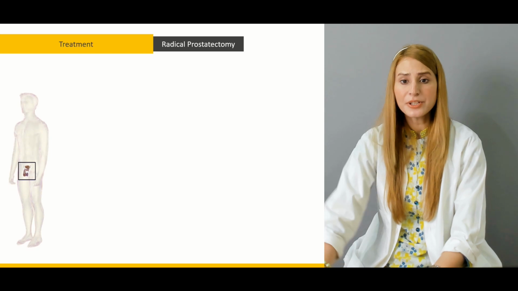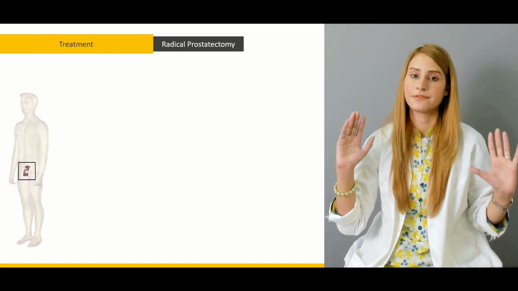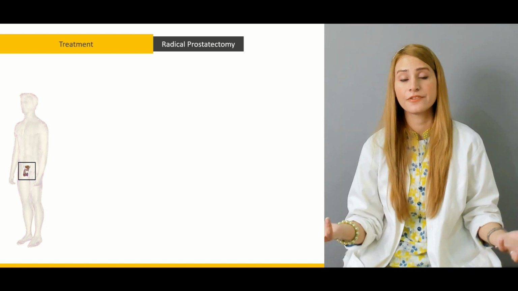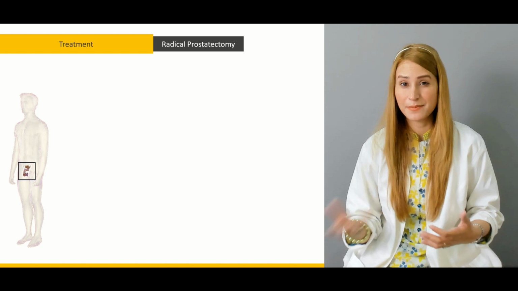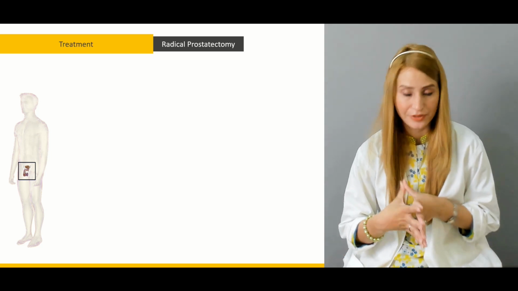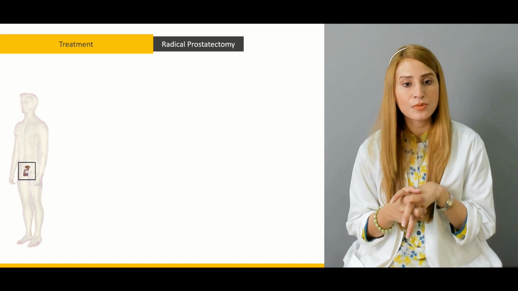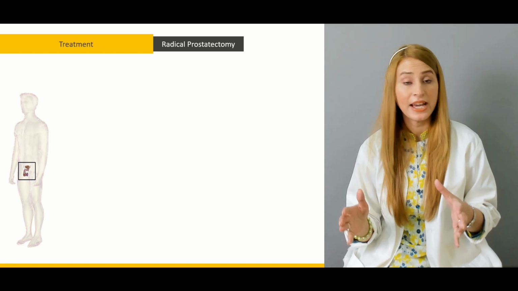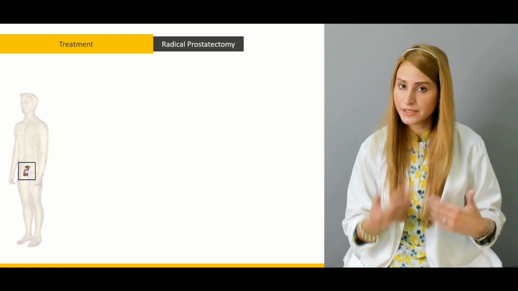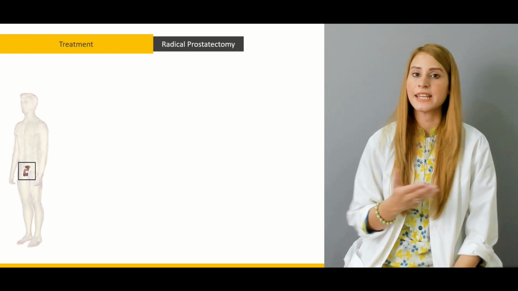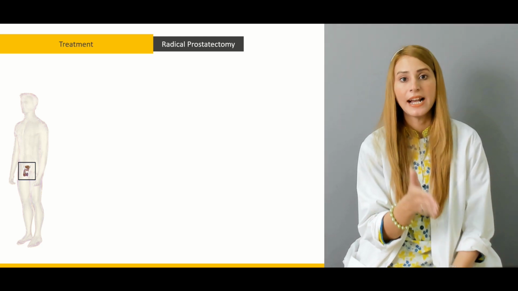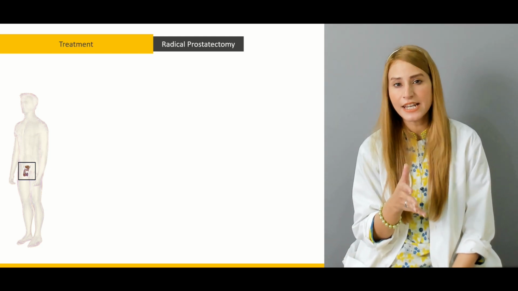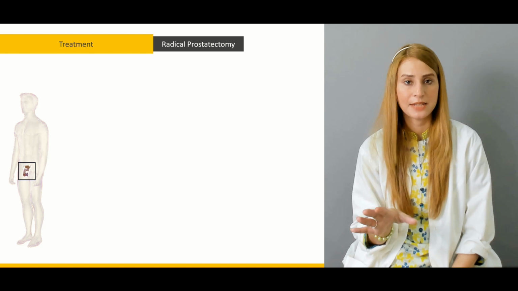Now, through your history, clinical examination, and investigations, you have made a diagnosis of prostatic cancer. What are the treatment options available? If we talk about radical prostatectomy, you always stage the cancer as early stage or advanced stage. In early stage cancer, radical prostatectomy alone is sufficient.